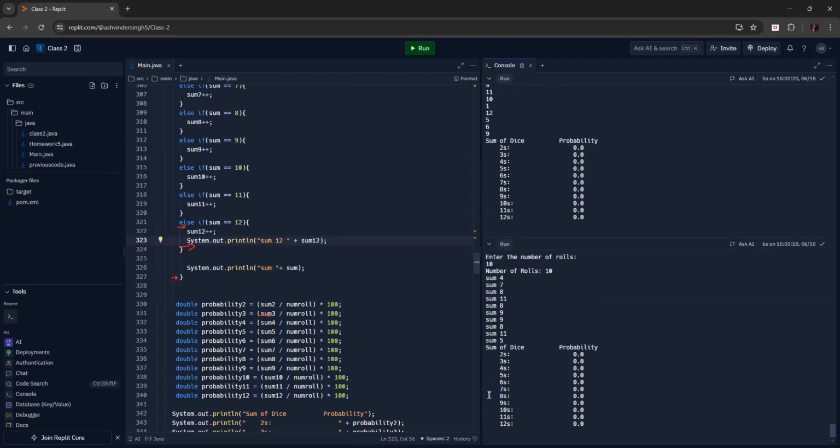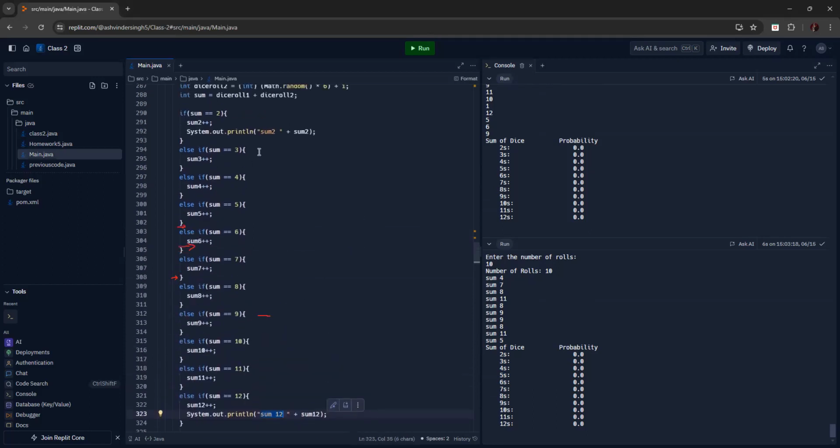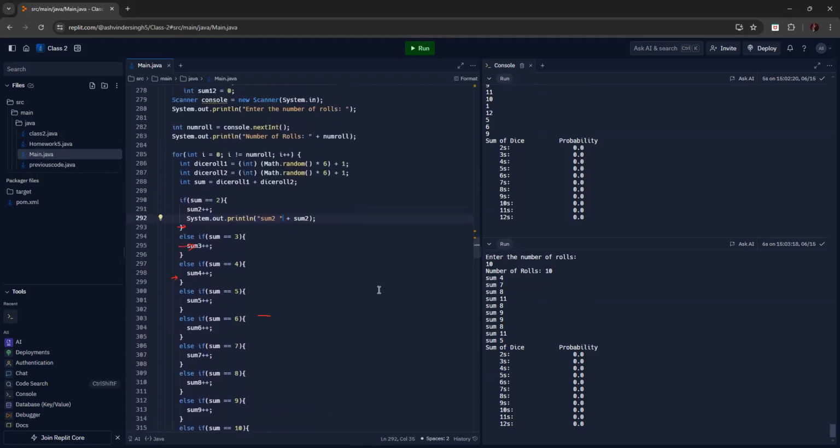You put sum for all, and where is this sum 12? We don't see any sum 12 because sum 2 is not appearing at all. Okay, fine, because we don't see anything 2 or 12 so far here.